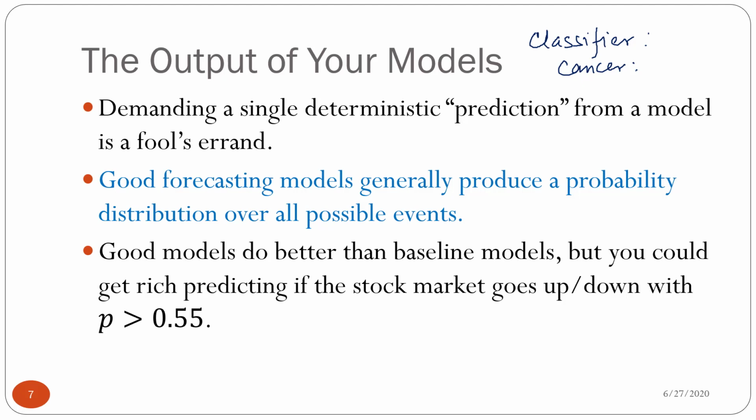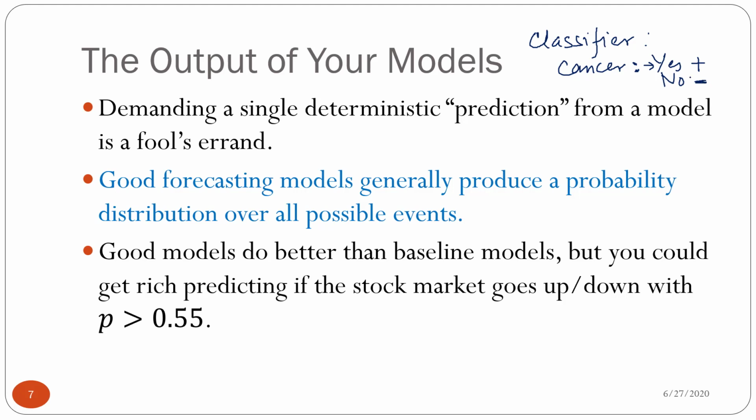If a patient's data is given to you, you will have to say whether the person has cancer or not. So yes means a positive result, which means the person has cancer. No means the person doesn't have cancer. No means a negative result.